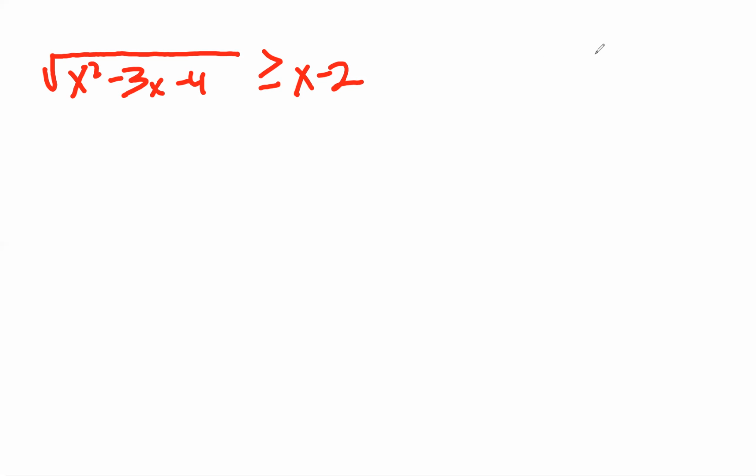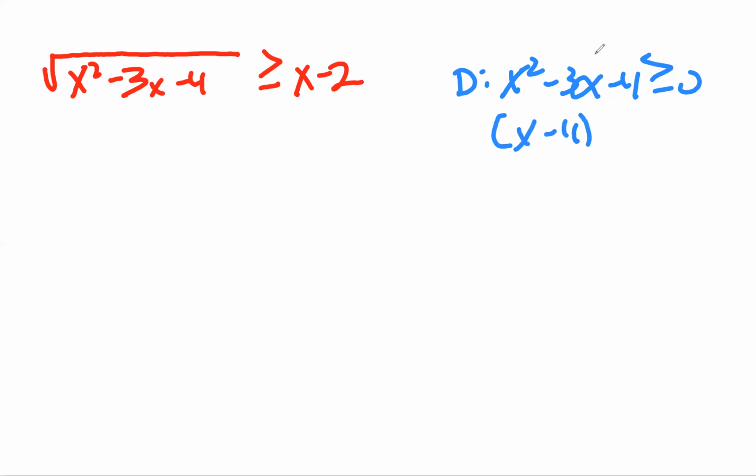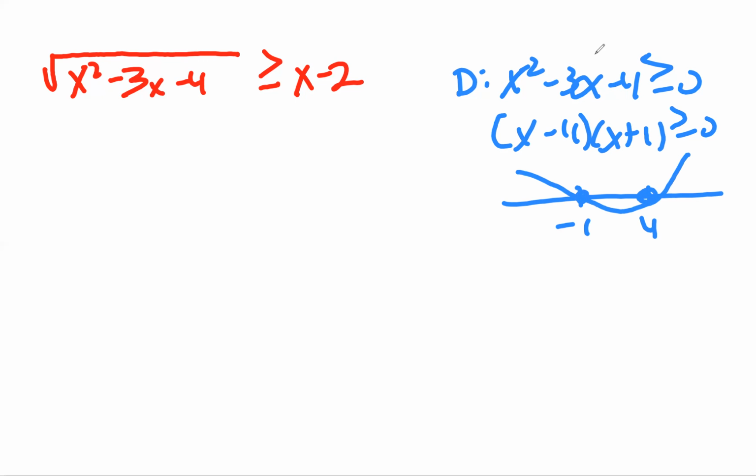So the domain would be x squared minus 3x minus 4 is greater than or equal to 0. Factor that, x minus 4, x plus 1 is greater than or equal to 0. So that would be from -1 to +4. Using a graph, greater than would be here and here. So that's a picture of the domain.